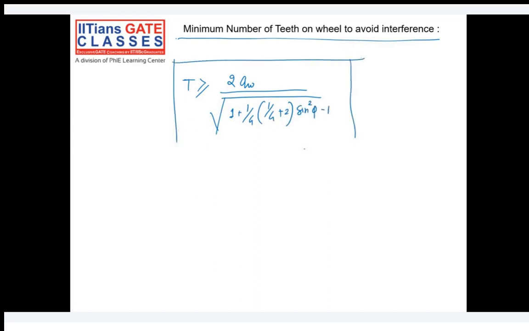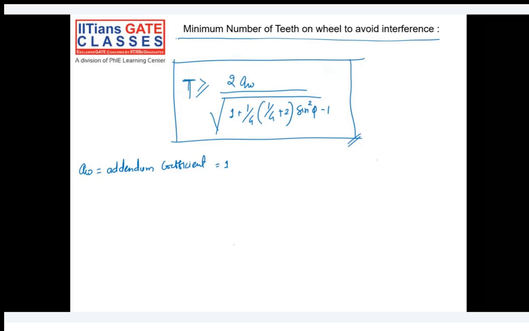Okay, what is this T? This is the number of teeth on a wheel which we want in order to avoid the interference. What is this Aw? Aw is nothing but the addendum coefficient. What is addendum coefficient? Generally it's 1, one module. Will the minus 1 be outside the square root or inside, sir? Everything is in the denominator, everything is in the square root.